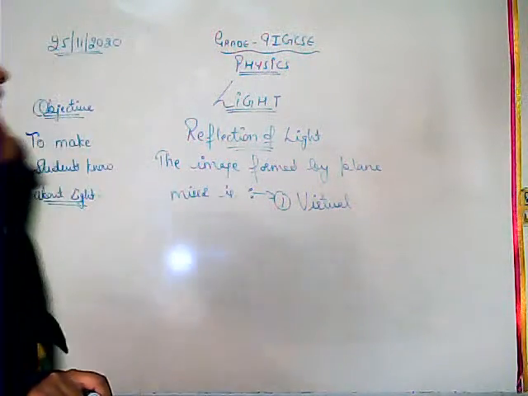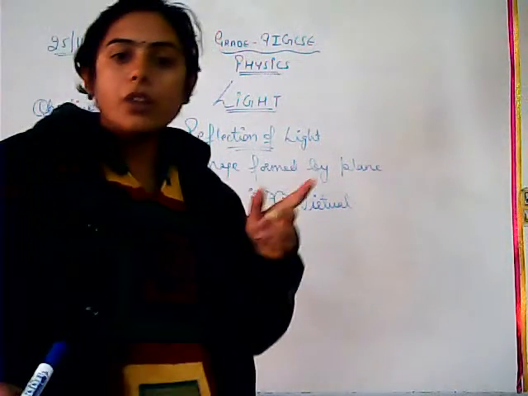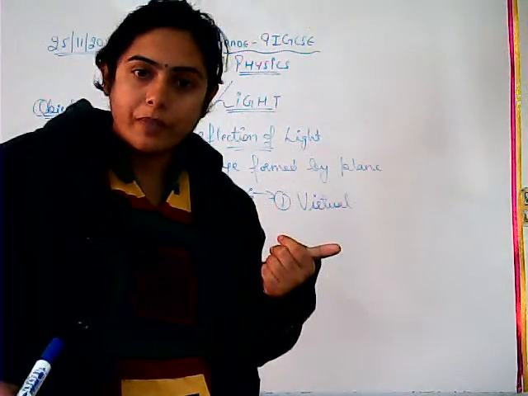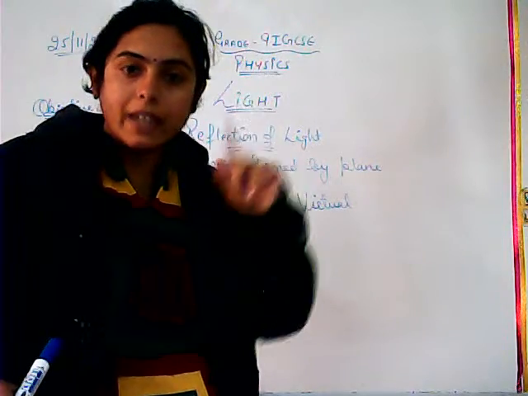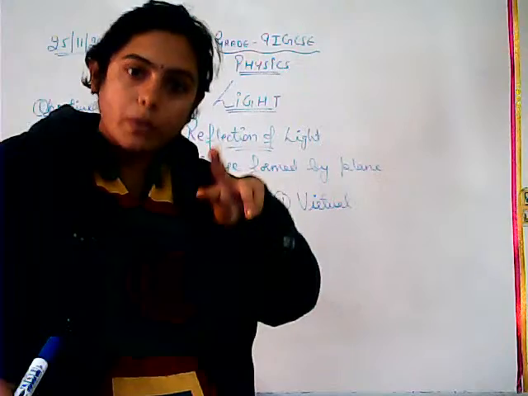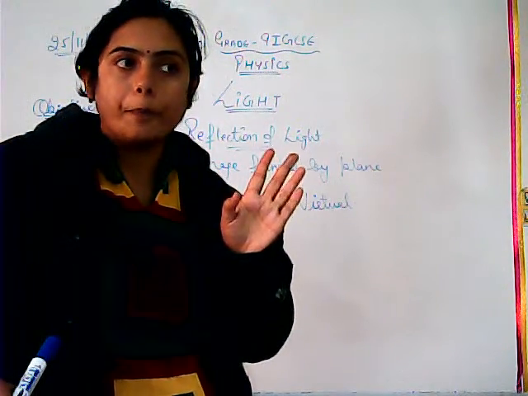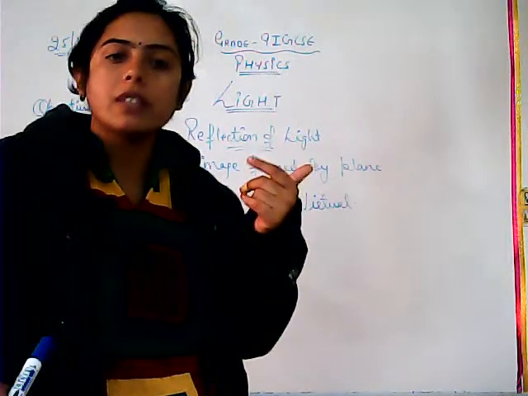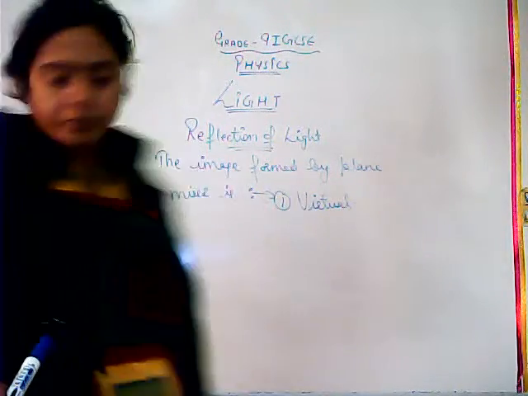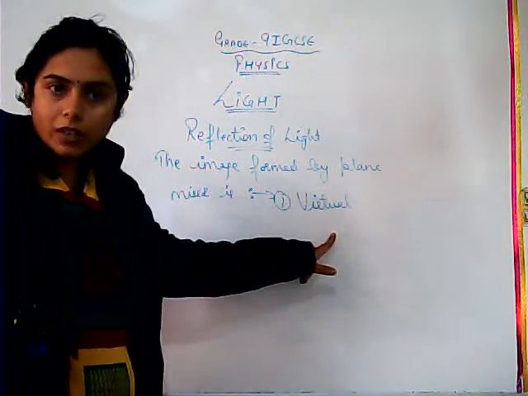On the other hand, if the rays actually do not meet, you have a virtual image. Now coming to erect and inverted: whenever we talk about a real image, it is always inverted. When you talk about a virtual image, it is always erect. So the image formed by the plane mirror is virtual.